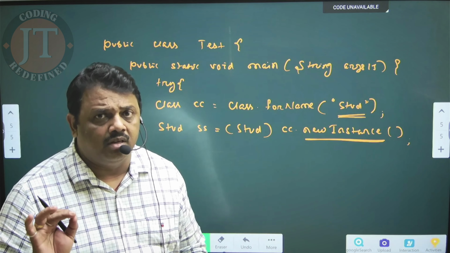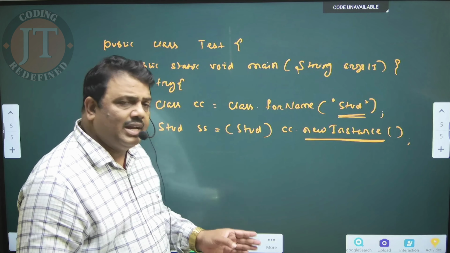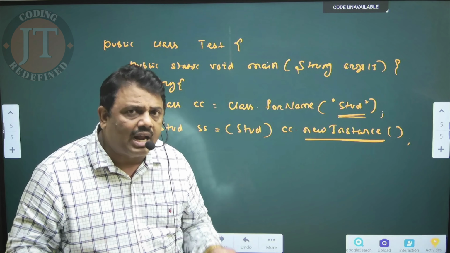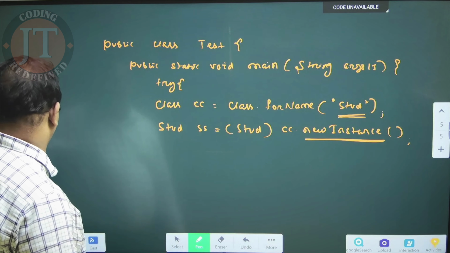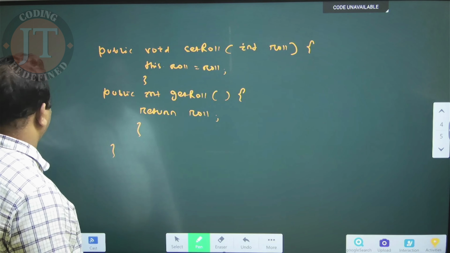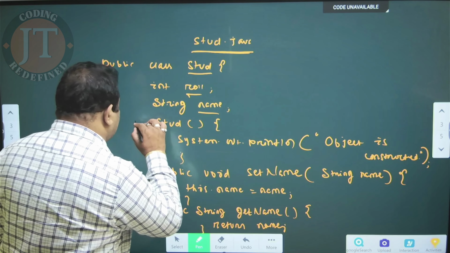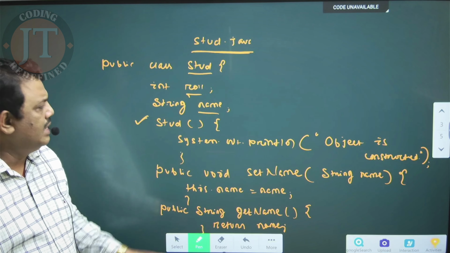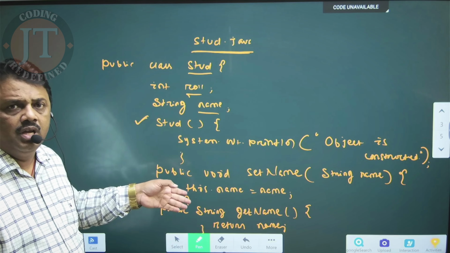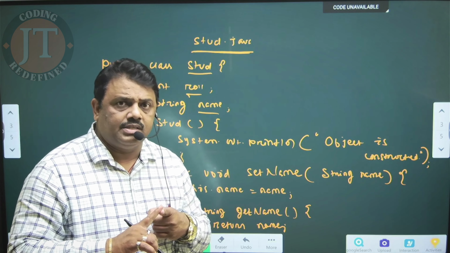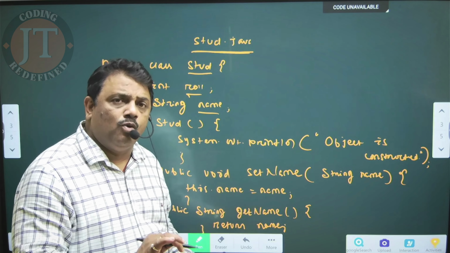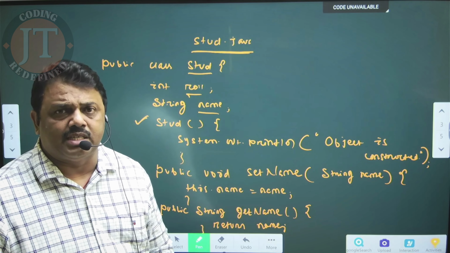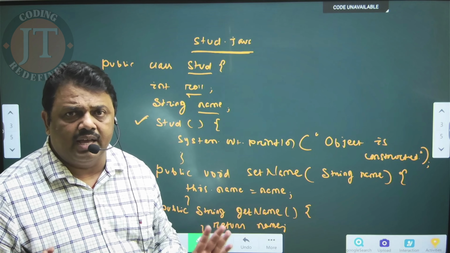So listen, in this program there is no problem. Problem will not arise because what type of constructor do I have? Here you check, I have a non-parameterized constructor, so it does not generate any exception. But if the class has a parameterized constructor, the program must terminate by generating InstantiationException.